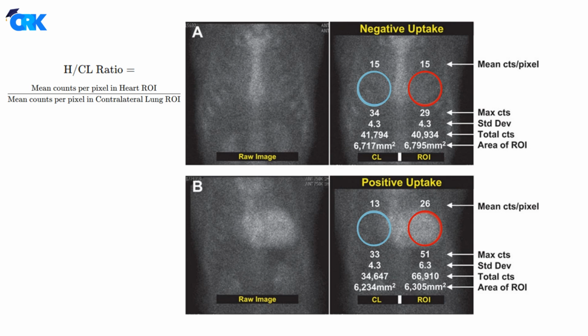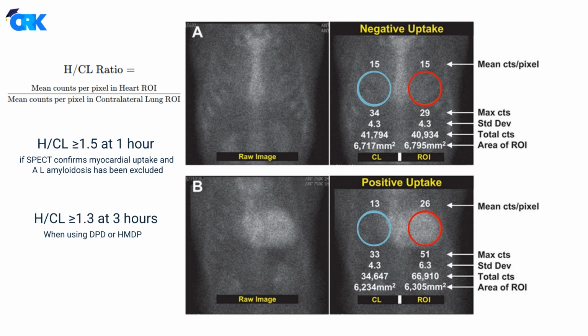Now let's talk about interpretive thresholds. An HCL ratio of 1.5 or greater at 1 hour post-injection is considered diagnostic for ATTR-CM, but only if SPECT confirms myocardial uptake and AL amyloidosis has been excluded. For imaging performed at 3 hours using DPD or HMDP, a threshold of 1.3 or greater is supportive of an ATTR-CM diagnosis.